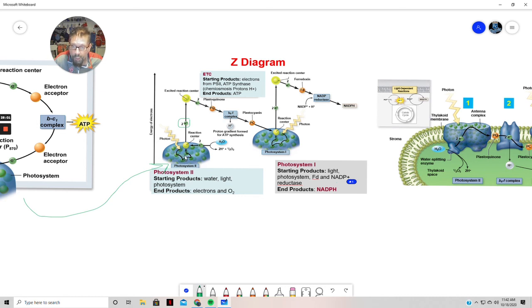And so the energized electrons eject out, and now they're accepted by an electron carrier here, just as we talked about over here. And it travels to the next photosystem.